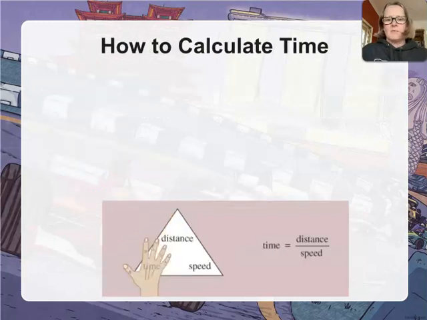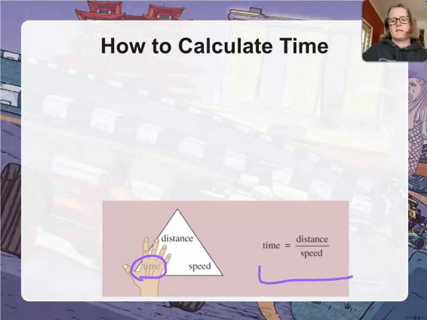Our final example is how to calculate time. So we take our same triangle, and this time we put our hand over the time word. So time equals distance over speed. So time equals distance divided by speed.